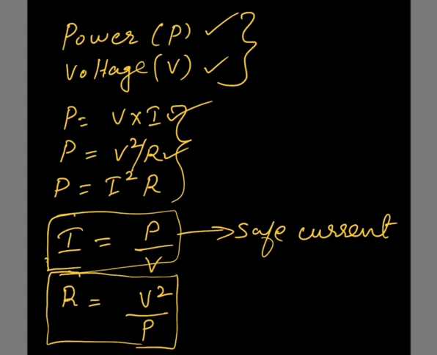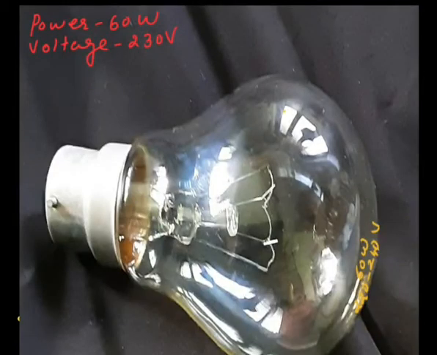Now let us take the examples which we have. Let us take the example of this incandescent bulb. Here we already saw that the power is 60 watt and the voltage, normally maybe 220 or 230. I am going to take the voltage supplied for this bulb as 230.